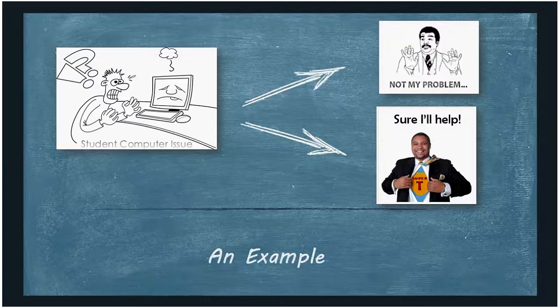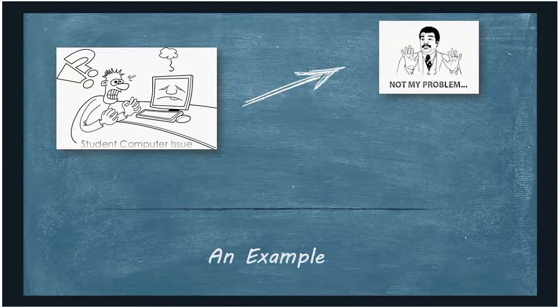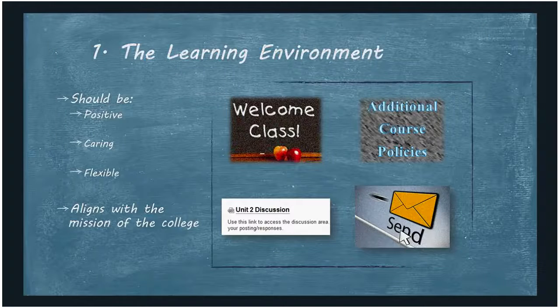So before I go on to the last slide in this one, what I would like to garner from you guys, aside from this example, and if I go back to this last page, what are some things that you guys do currently in your courses that show the three attributes here of being positive, caring, and flexible?